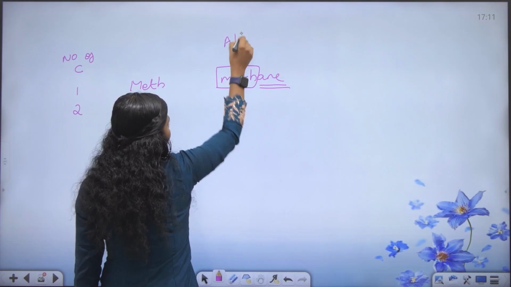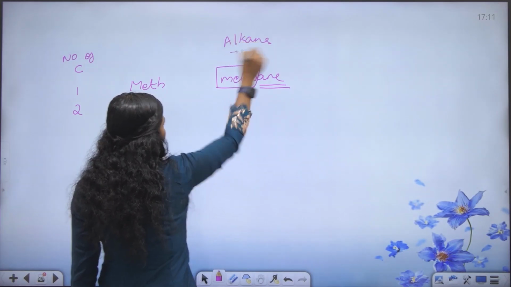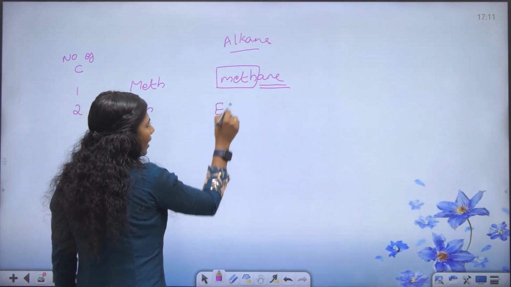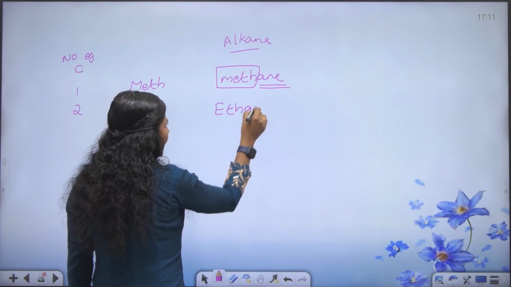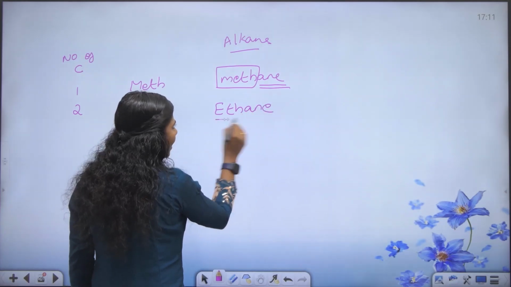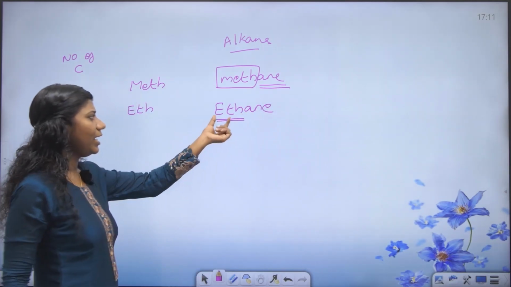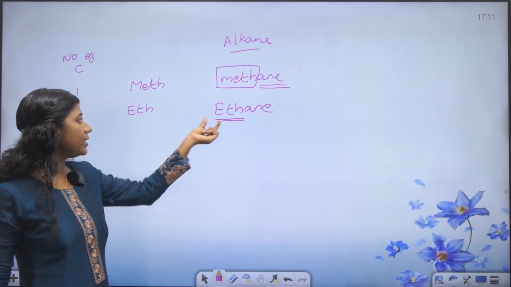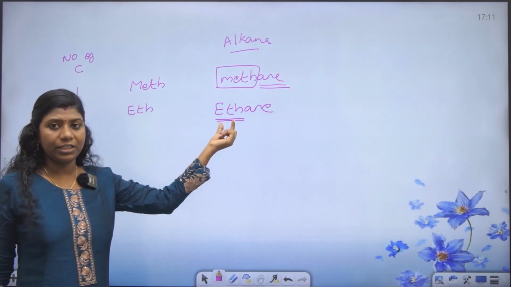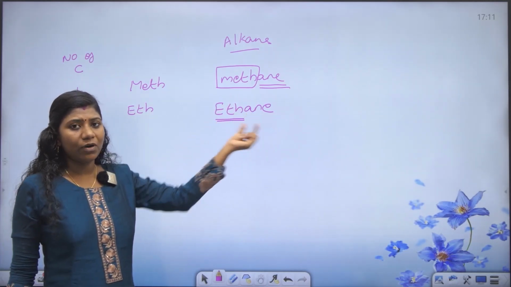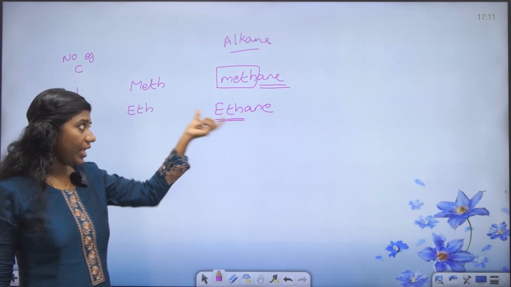That means it's an alkane, so the name of the compound is ethane. The word root eth means total number of carbon atoms is 2, and all carbon bonds are single bonds: ethane.